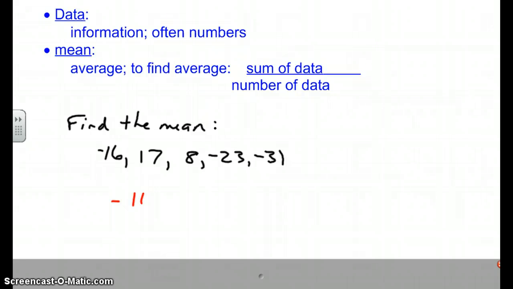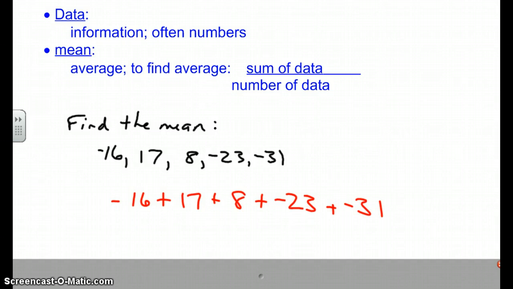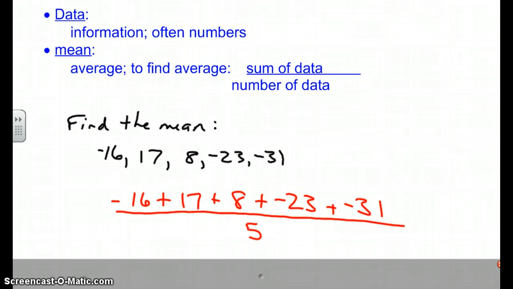You're going to add the numbers 16, negative 16 plus 17 plus 8 plus negative 23 plus negative 31, and then how many pieces of data are there? Yep, 5. We're going to divide that by 5, and we'll have our mean.